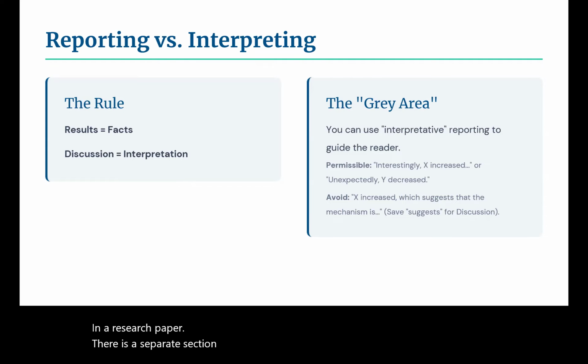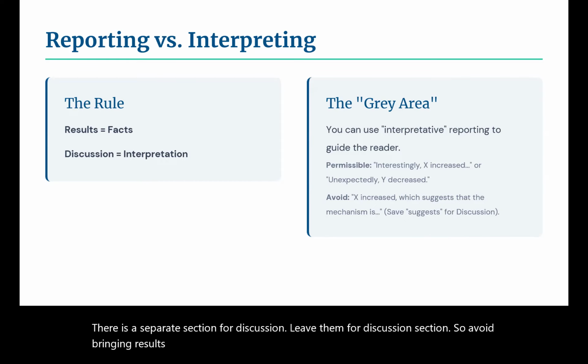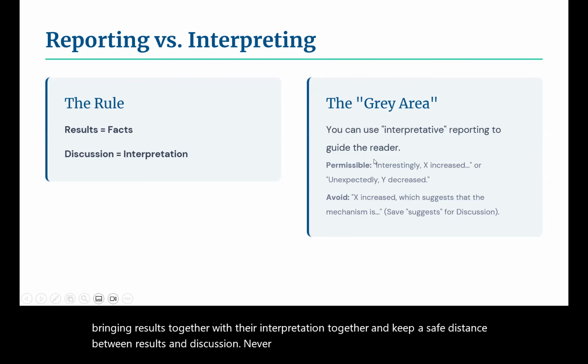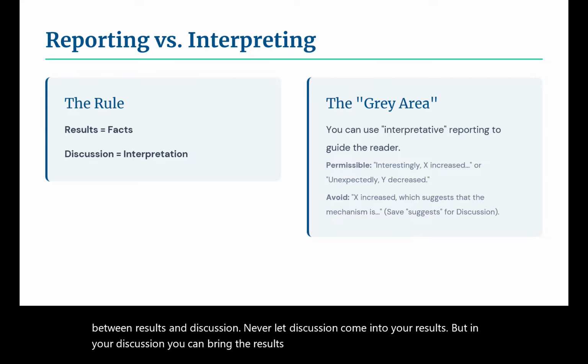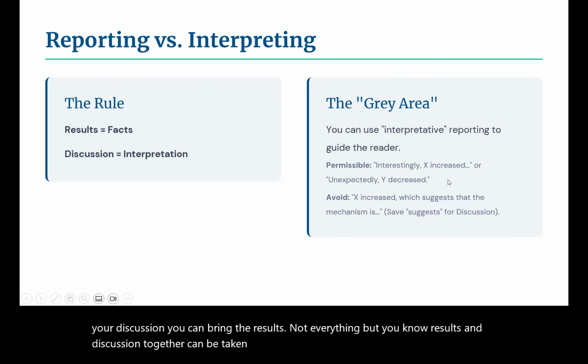Leave them for the discussion section. So avoid bringing results together with their interpretation, and keep a safe distance between results and discussion. Never let discussion come into your results, but in your discussion, you can bring the results, not everything, but results and discussion together can be taken in the discussion section.